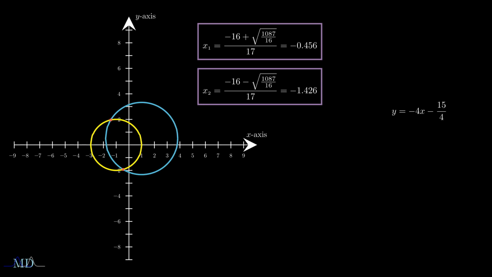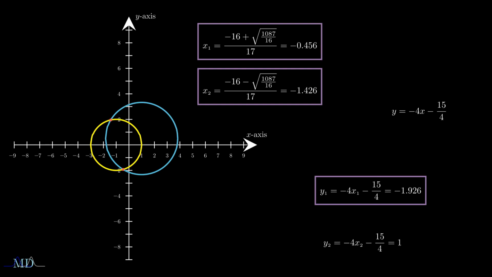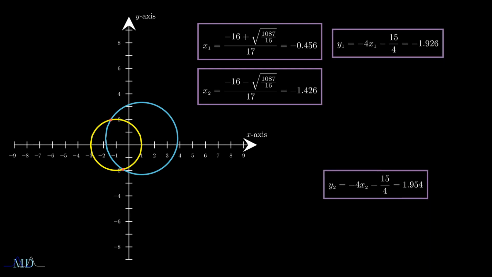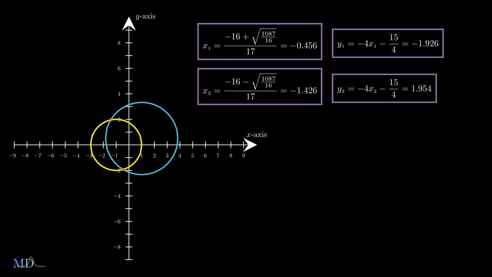So we insert the values x1 and x2 into the equation, and we get y1 equals minus 1.926 and y2 equals 1.954. These are the coordinates of the points of intersection of the two circles in figure.